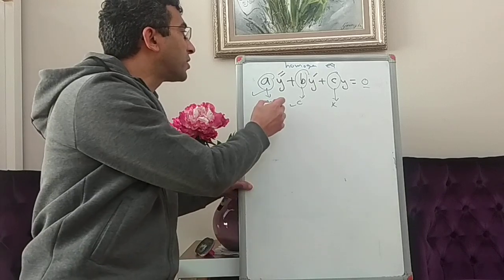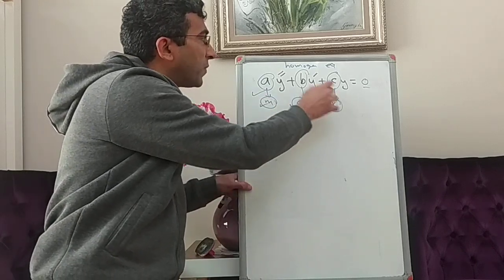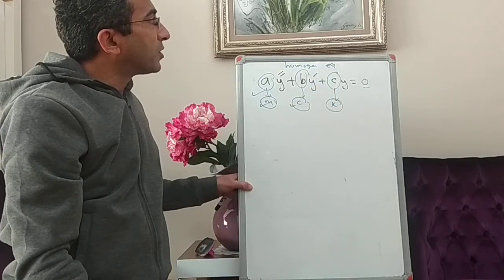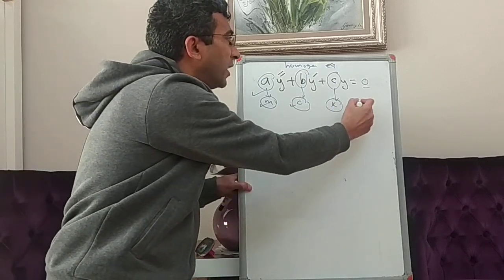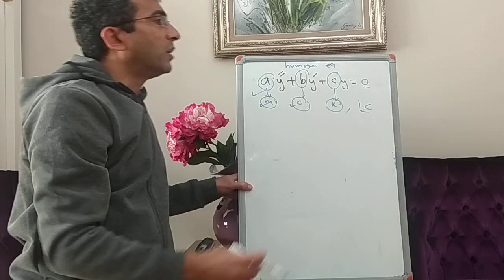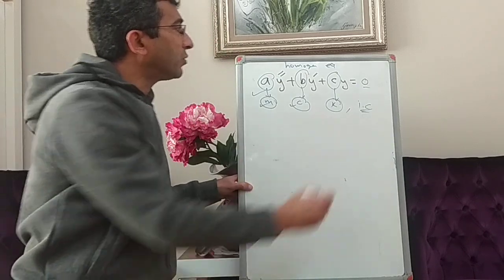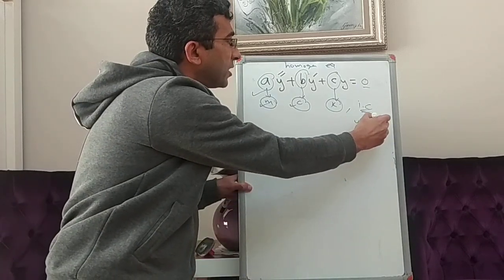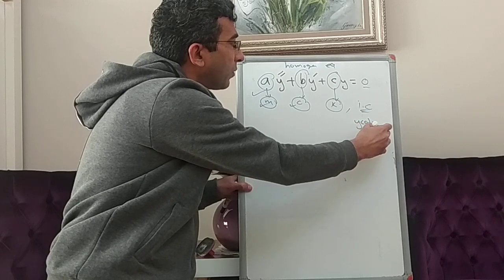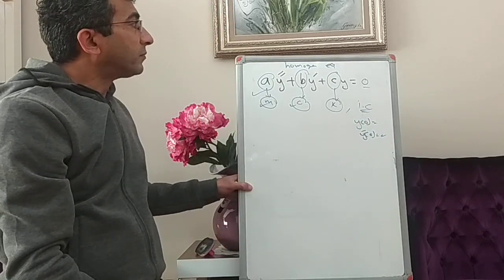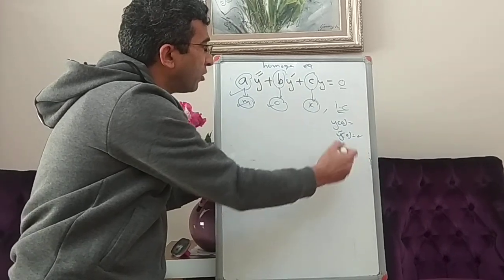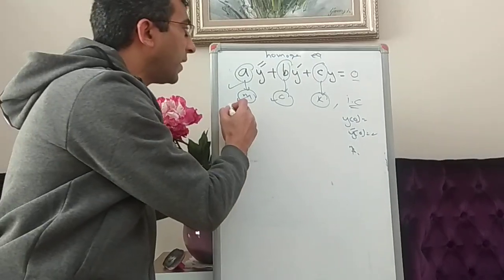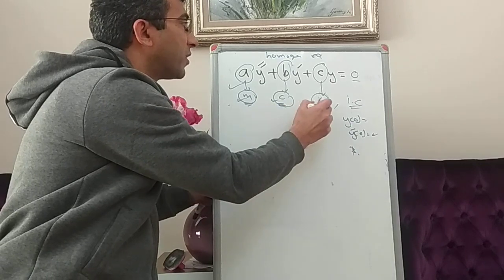So it depends on the characteristics of the system, and of course on the initial condition, how much you apply to the system when the time is equal to 0, or on the boundary condition in the case of a boundary value problem.